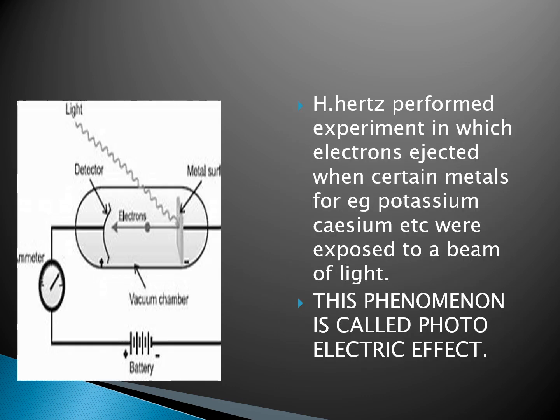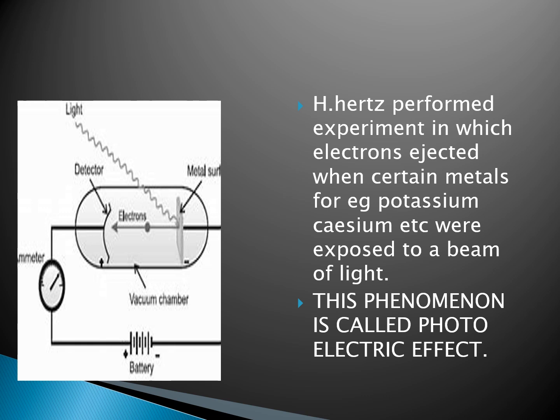Now the next phenomenon, the photoelectric effect, in this figure. Hertz, whose name is famous as the unit of frequency too, performed an experiment in which electrons were ejected when certain metals, like the alkali metals potassium, rubidium and cesium, were exposed to a beam of light. What will happen?